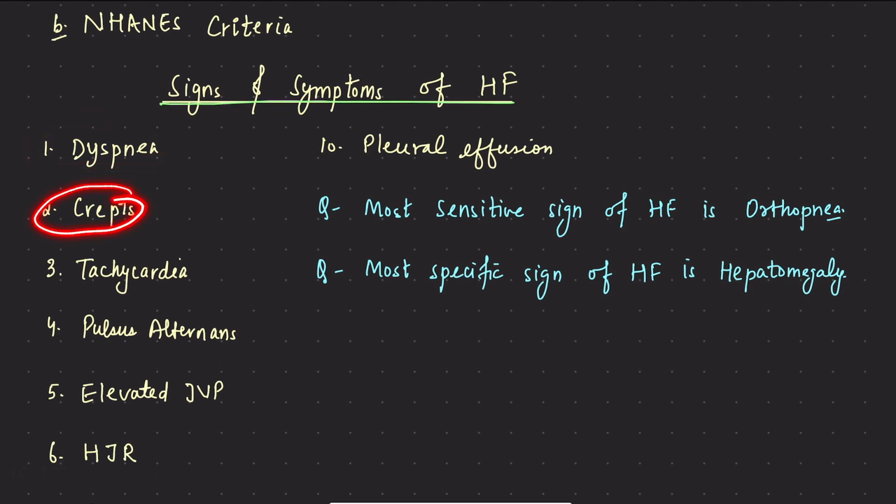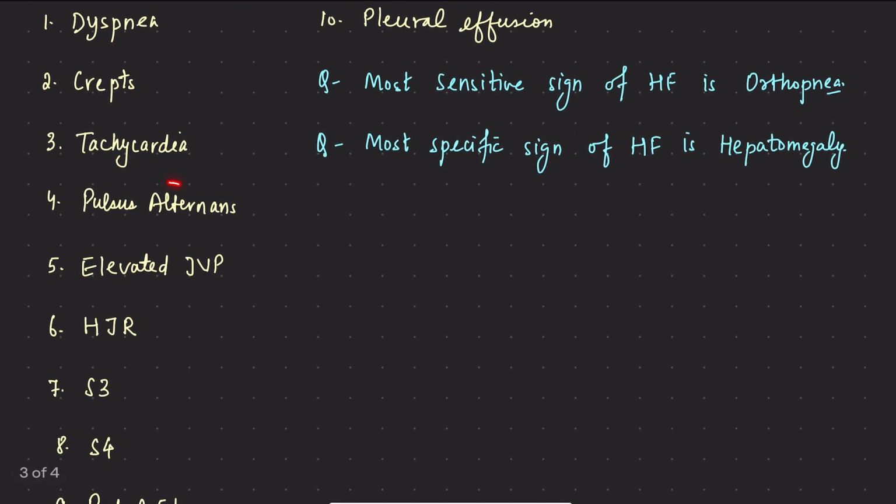Second is the crepts, or wheezes can also be there, or what we call crepts as rales. Tachycardia is mostly found. Pulsus alternans is basically a disorder of pulse volume, and it is because of impaired relaxation of myocardium.